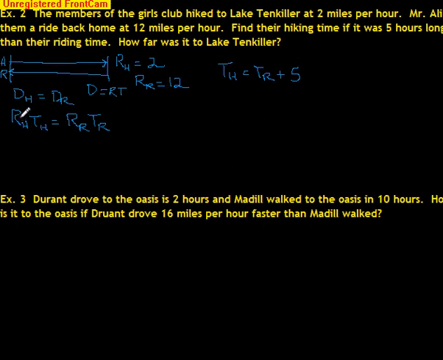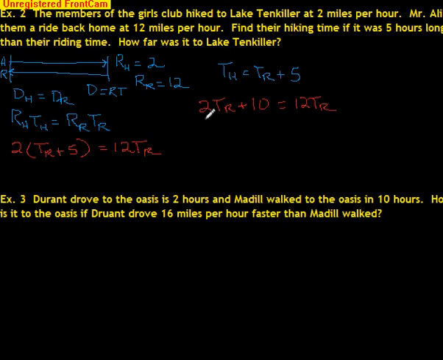So rate of hiking was 2, so I'm going to put that in. Time of hiking was time of riding plus 5. Rate of riding is 12. Time of riding, that's going to be our variable that we don't know. So we just substitute it all in. So here we go. 2 time of riding plus 10 equals 12 time of riding.